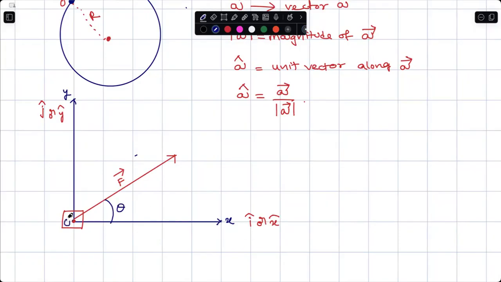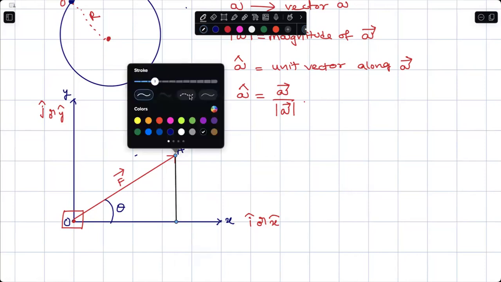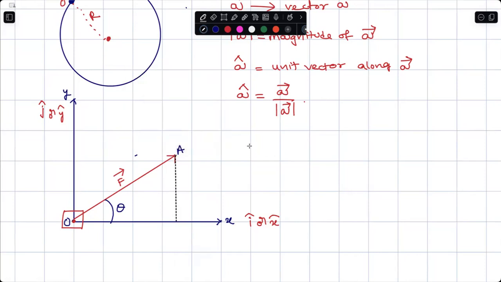Now you represent this vector by a directed line segment OA. Now what you need to do right now is draw a projection from A onto the x-axis. This will meet the x-axis at a point, say M. Similarly, you draw a projection from A onto the y-axis.